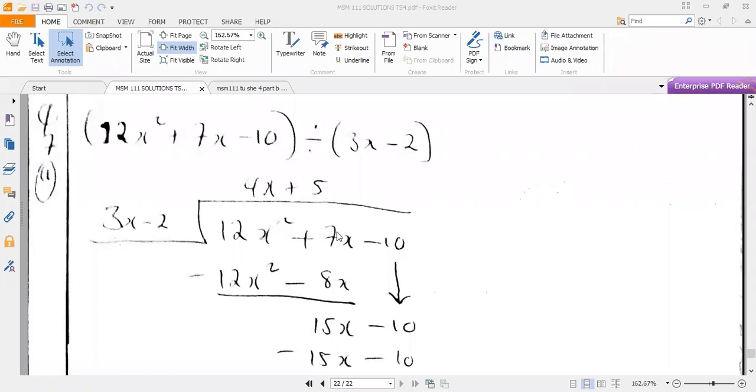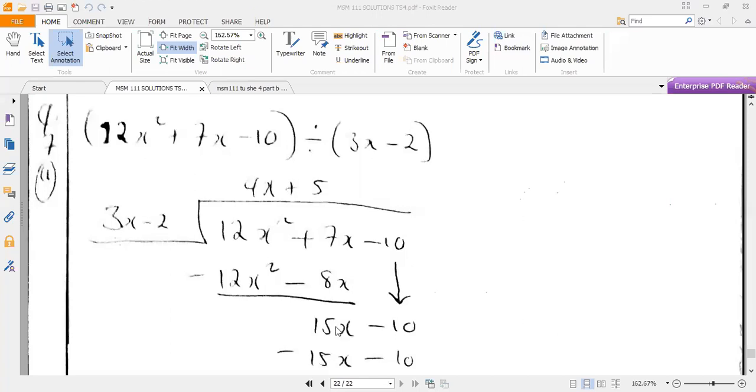So now, we simply subtract. We want to get rid of this part here. When you subtract these two, the 12x squared will cancel. Now, 7x minus negative 8x: the negative and negative become positive. 8 plus 7 is 15x.